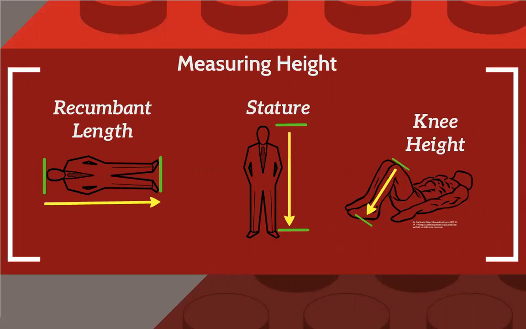So a lot of times with babies who haven't quite gained that ability, they'll measure recumbent length, where they lay them down on the table, or maybe they can stand but they're still kind of wiggly, so that makes it hard. They'll lay them down on the table and mark a line at their feet, stretch them out as much as possible, and then make a line at their head, and then get the baby up and measure the distance between those two lines.